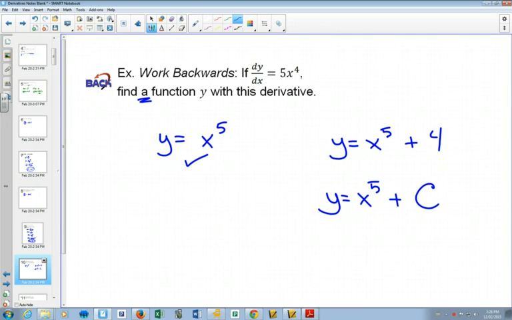You just had to list one of them. And if you had a favorite number, someone have a favorite number? 19. You could have taken the opportunity to use 19 in the question and be extra excited if you wanted to, because that also would have a derivative of 5x to the 4.